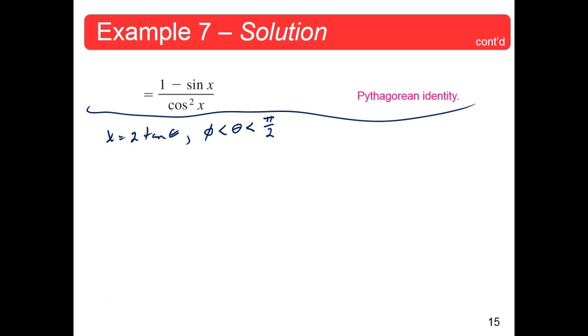And it says to write this expression, the square root of 4 plus x squared, as a trigonometric function of theta, as a function of theta rather than x.